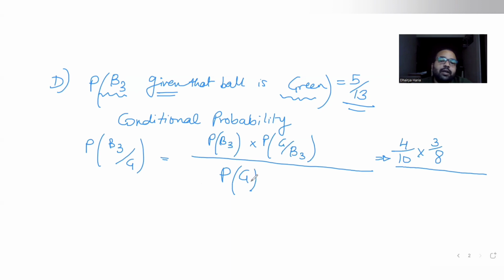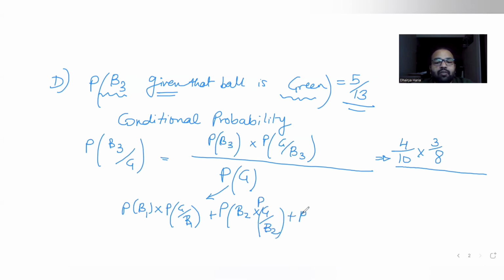The probability of selecting a green ball in total: I select the first bag B1, and from that I select a green ball, or I select bag B2, and from that I select a green ball again, or I first select bag B3, and from that again I select a green ball.